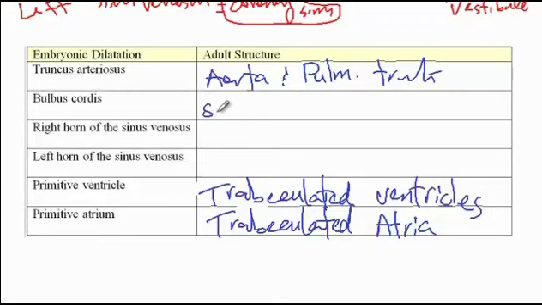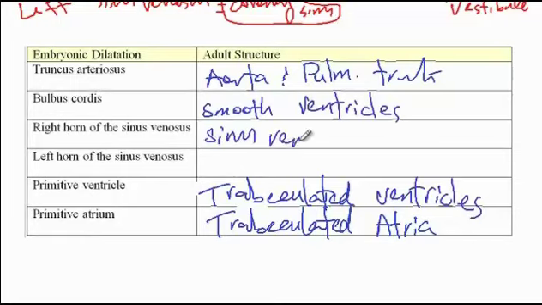Bulbus cordis gives rise to the smooth portion of the right and left ventricles. Right horn of sinus venosus gives rise to sinus venarum, which is the site where great vessels empty the oxygenated blood.